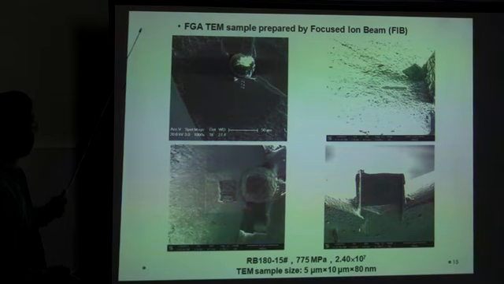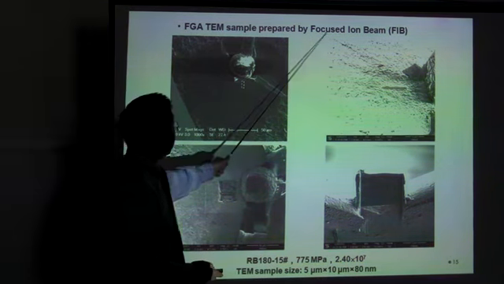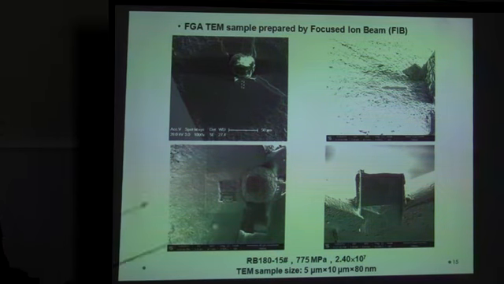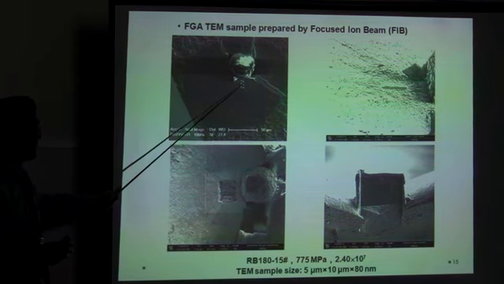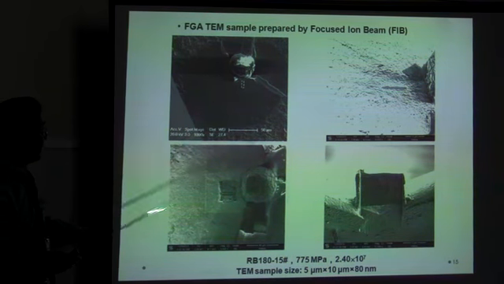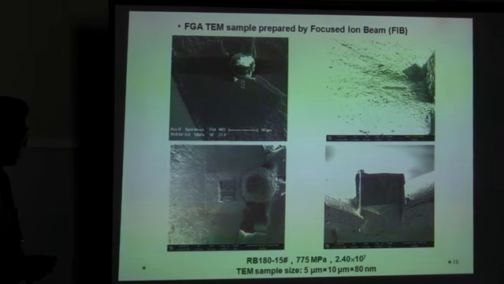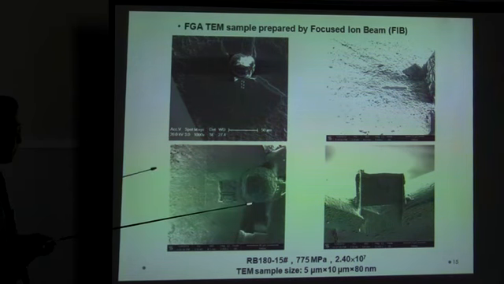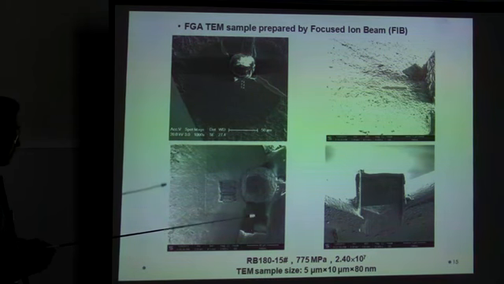And then we use the focused ion beam technique to very carefully cut small samples from the initiation position to see the microstructure in this area by TEM.